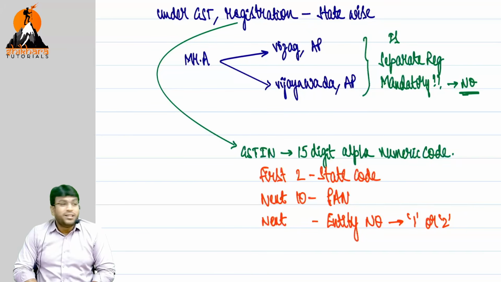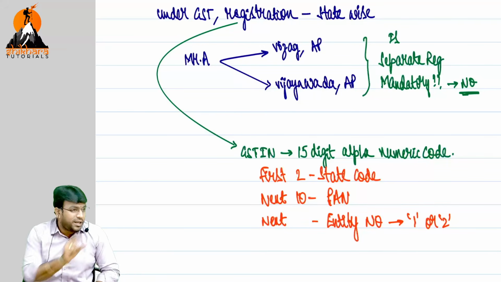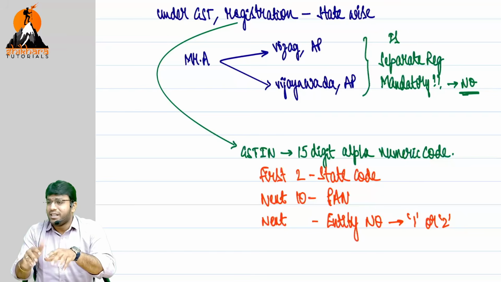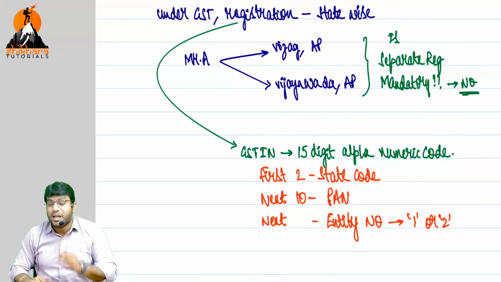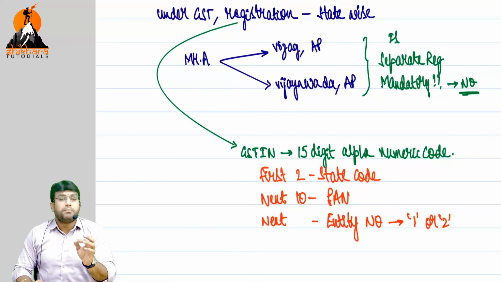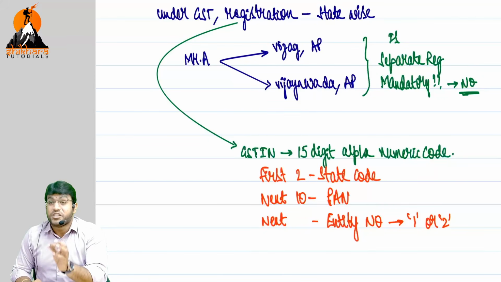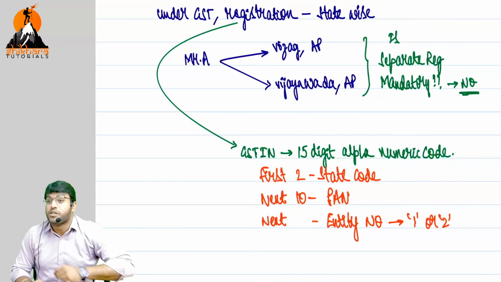The Ministry of Finance replied that after 9, we will start with alphabets, starting with A. Then again he asked, after Z, what will happen? Some handler from the government who handles that page replied that first please obtain 35 registrations in one state, then we will reply to this query.